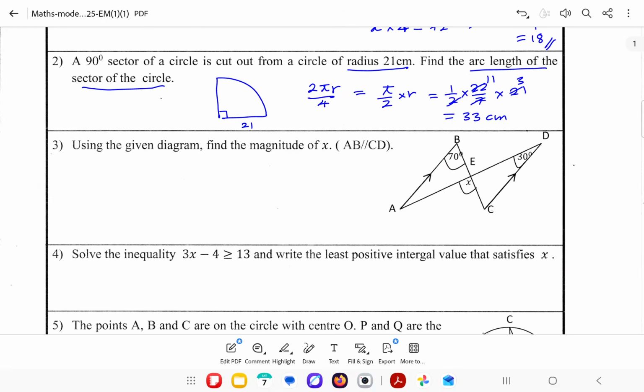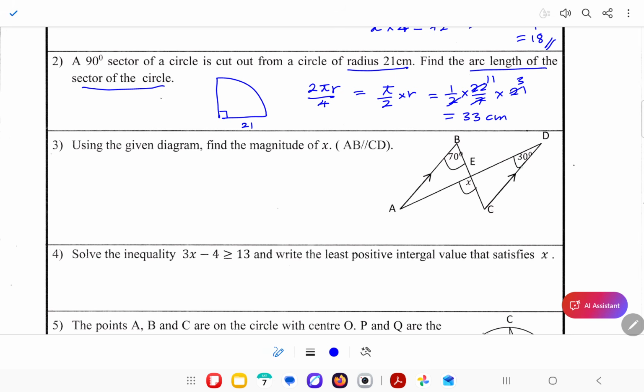Then let's look at question number 3. Using the given diagram, find the magnitude of x. AB is parallel to CD. So AB parallel to CD means this angle and this angle are the same. So these are 30 degrees, Z-shaped angles. And then we want this angle.